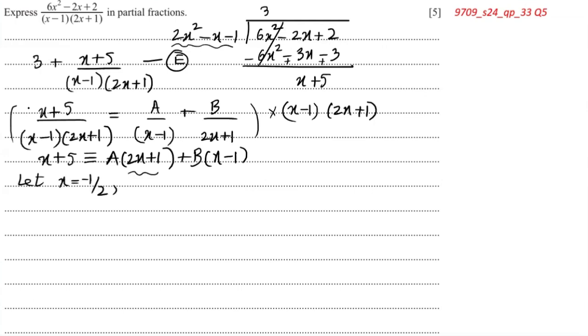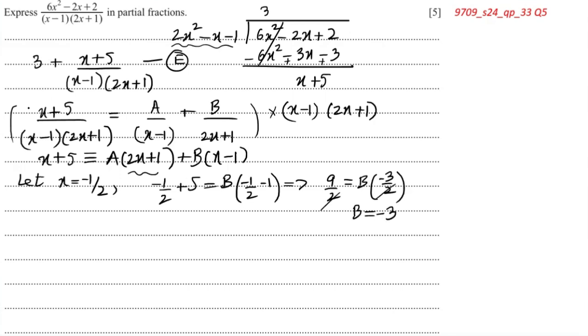Because this will make this term 0, and I can get negative 1/2 plus 5 equals b times (negative 1/2 minus 1). So this implies that it's going to be 9/2 equals b times negative 3/2. So 2 cancels 2. So b will end up as negative 3.